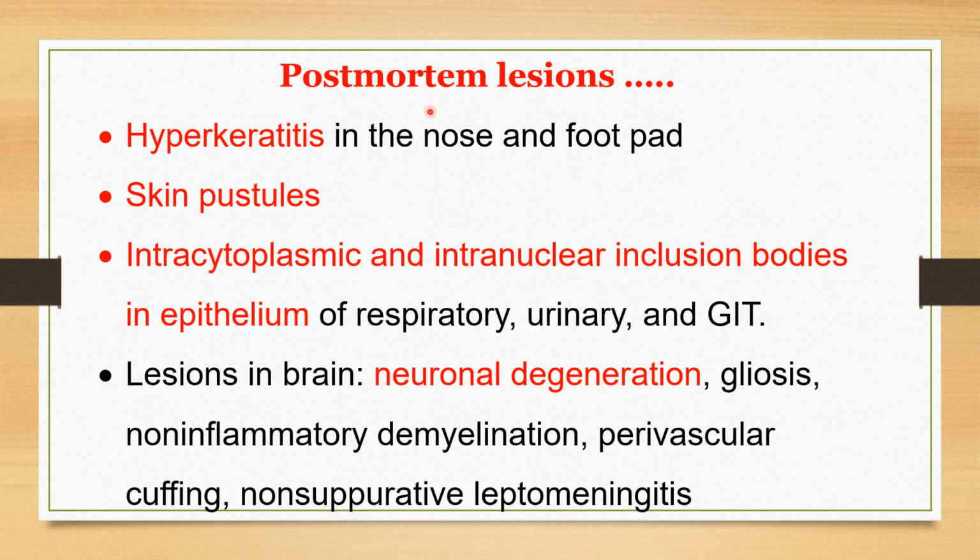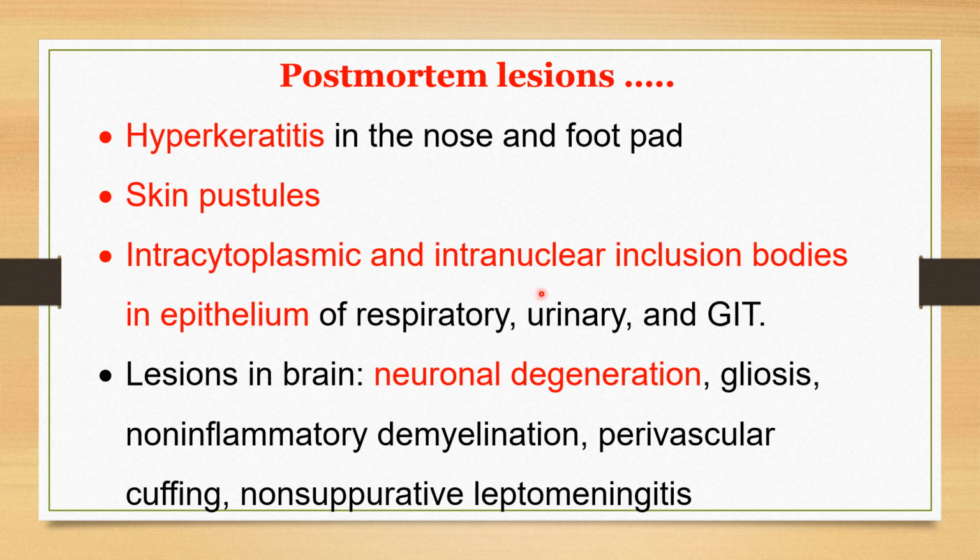We know that this virus has affinity to epithelial cells, epitheliotropic virus. So there is hyperkeratosis in the nose and footpad. Another finding is presence of pustules on the skin of ventral abdomen and inside of the thigh.